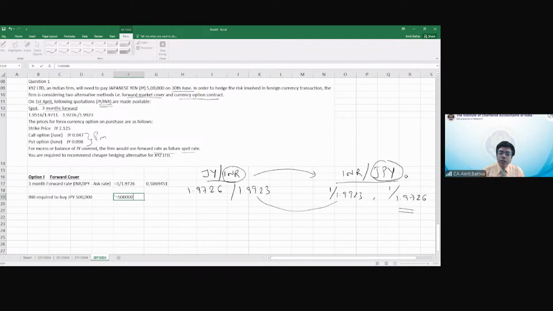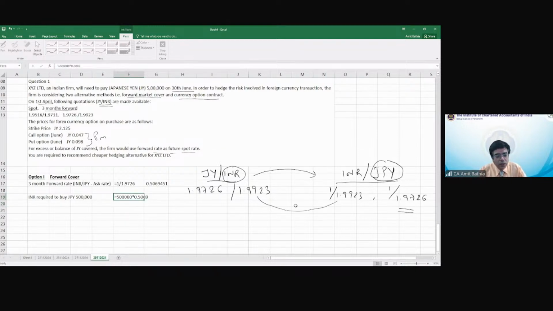Please pay attention. If you can see on the screen, this is INR upon JPY, right? Now I want to convert this into INR. So am I going up the ladder or down the ladder? Up the ladder, multiply. Down the ladder, divide. I'm converting up the ladder, so it has to be multiply. 0.5069, okay, I'll take 4 digits.